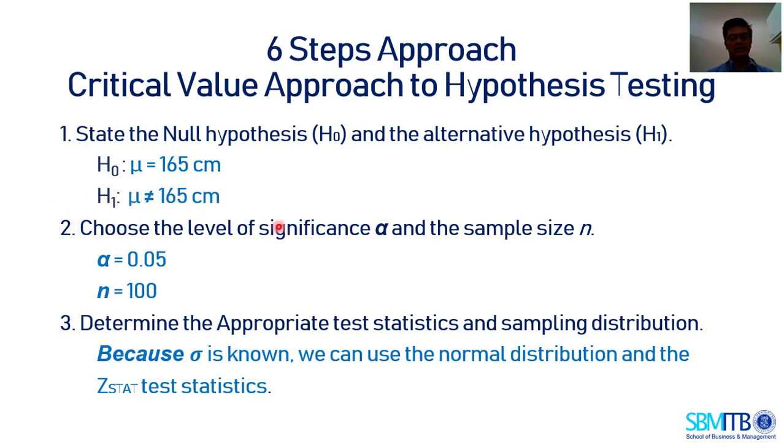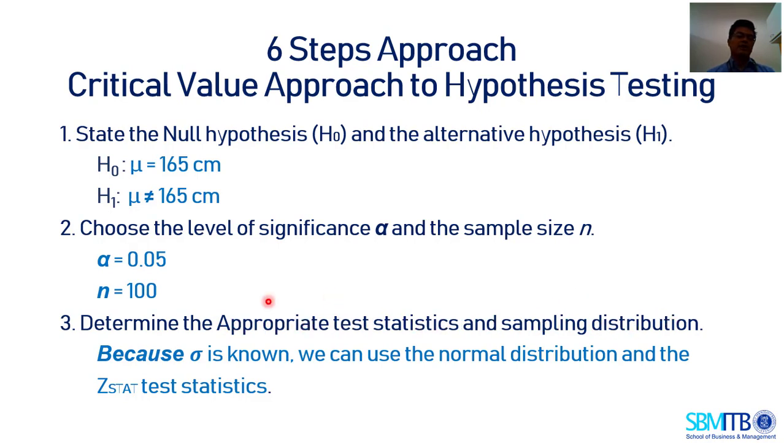We choose the level of significance alpha and the sample size n. Note, in the previous problem set, the level of significance alpha has been chosen as 0.05 and the sample size is 100 respondents. The third step, determine the appropriate test statistic and the sampling distribution.